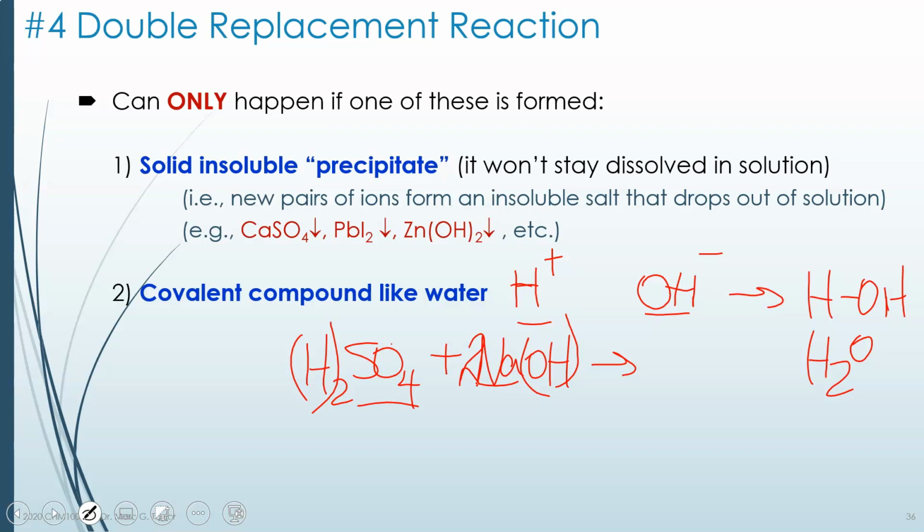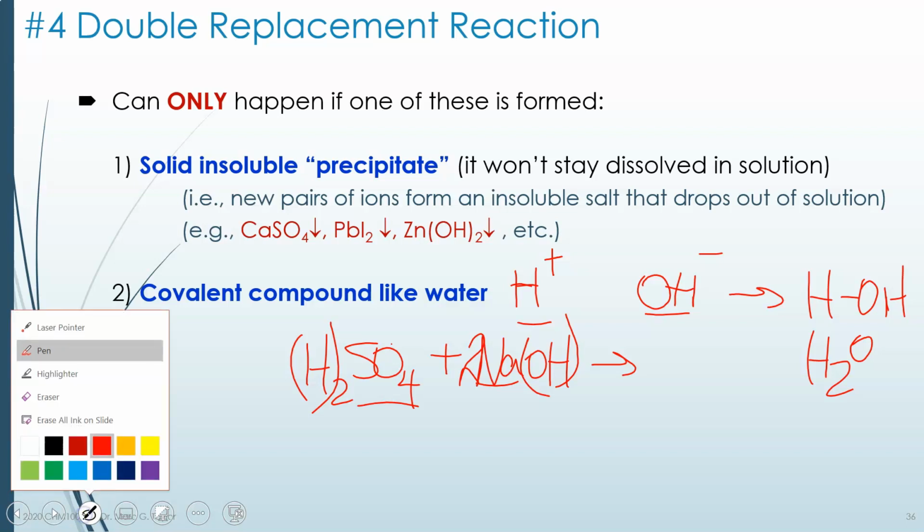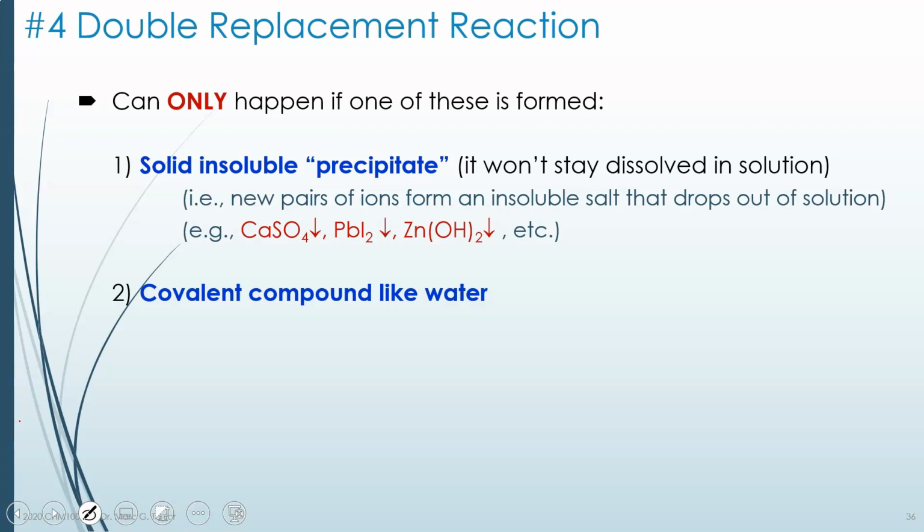And the tip-off here, you don't really see waters forming. You can't see waters forming in water. However, this reaction of forming water from a positively charged H plus and a negatively charged OH minus is a very, very favorable reaction and will actually generate heat.